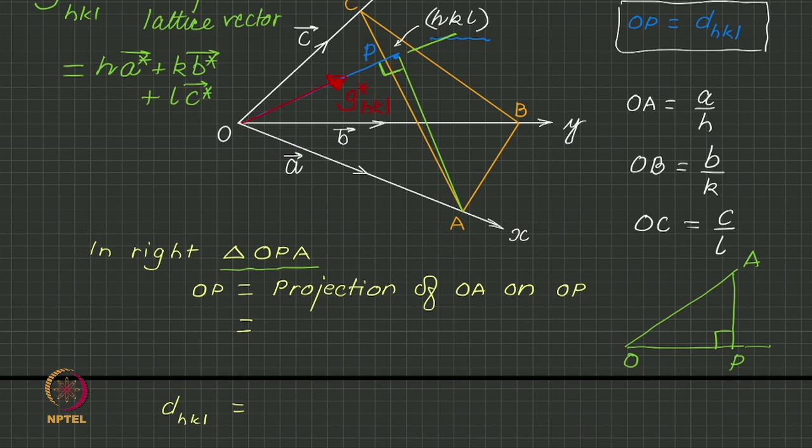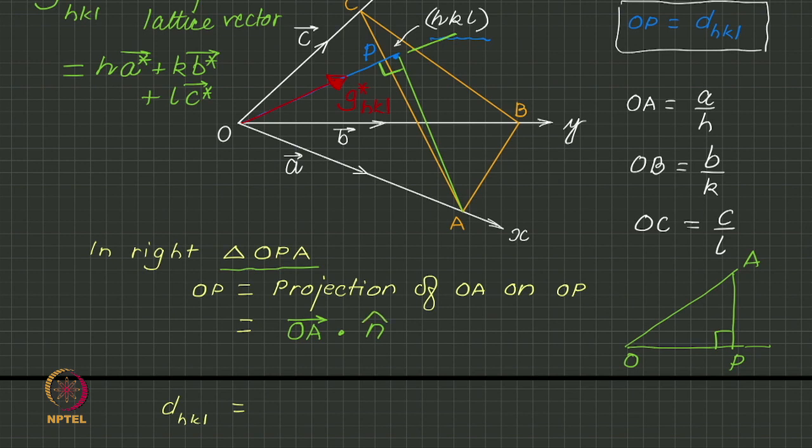Now, how can you write the projection in terms of vectors? It is the dot product of OA with the unit vector along that direction.